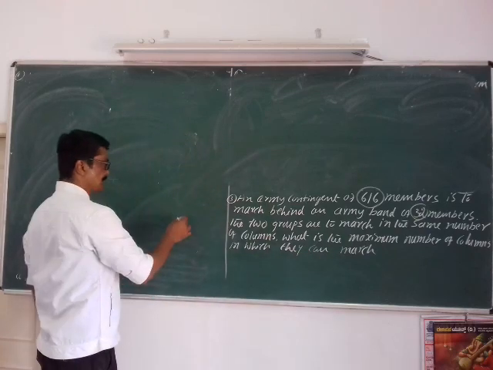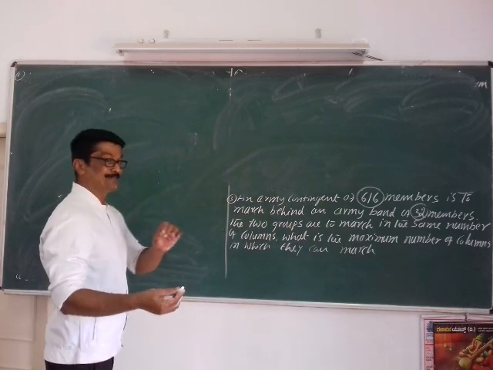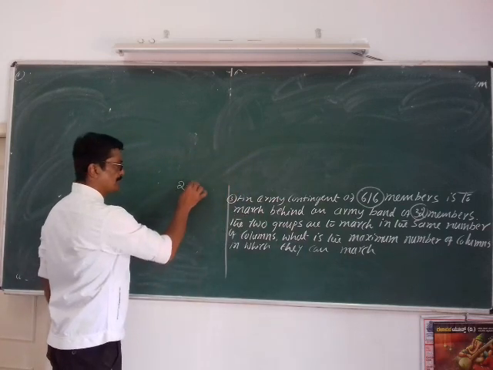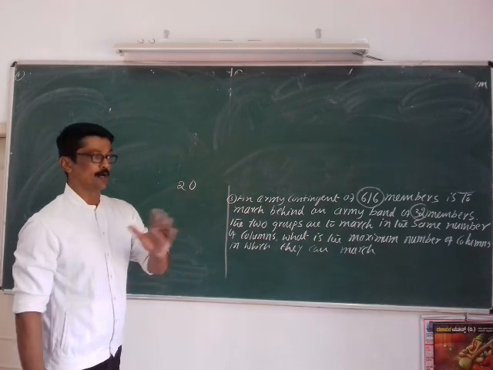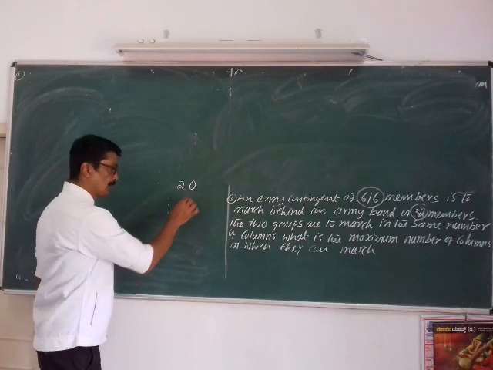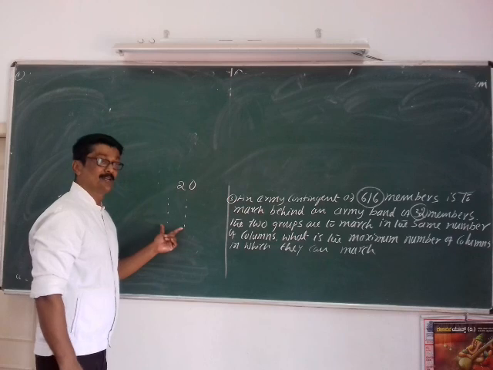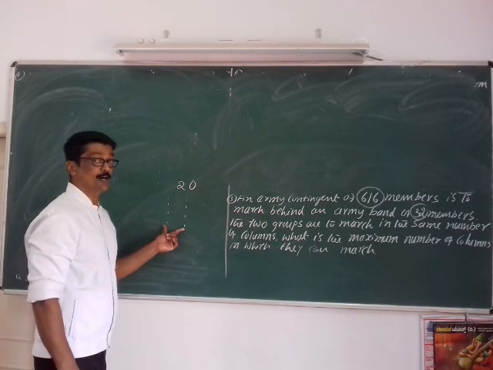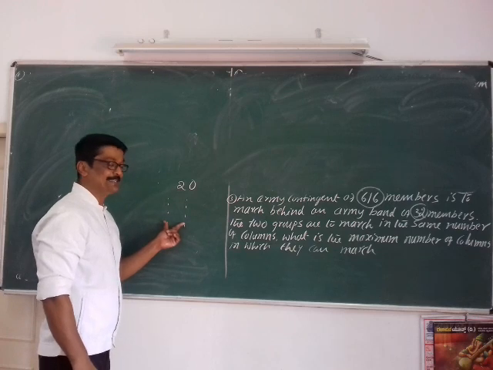Students, to understand this problem, let us consider one simple example. For example, there are 20 students. If I want to make 2 columns, I divide the strength by 2. So each column will contain 10 students: 2 columns of 10 students in each column.